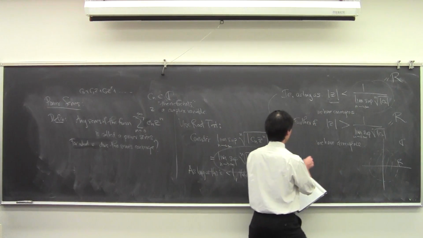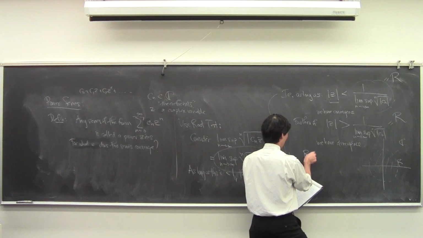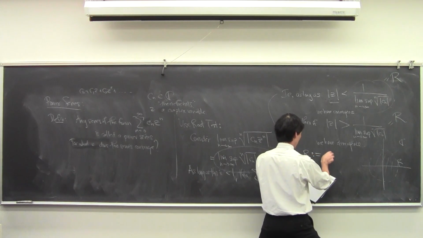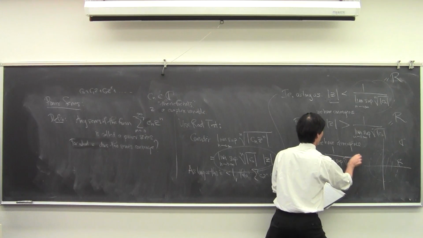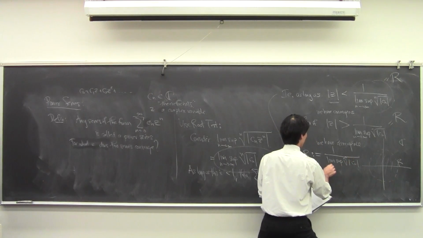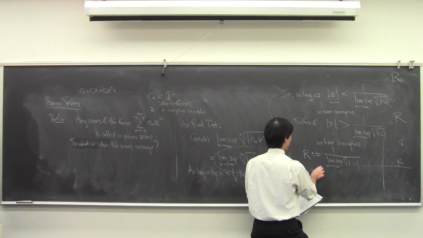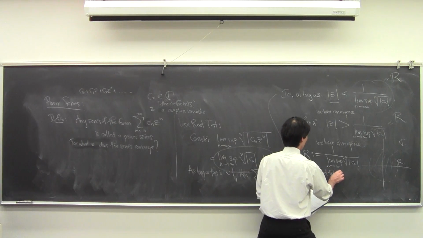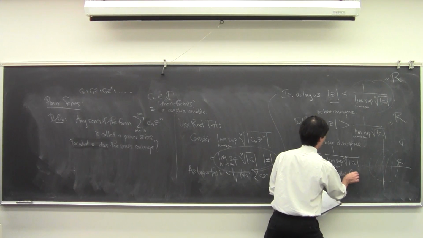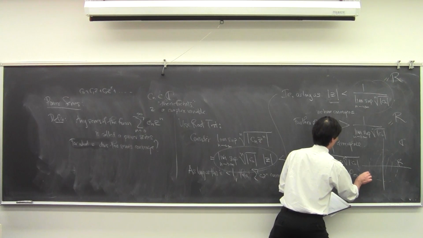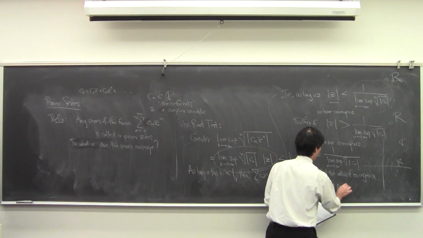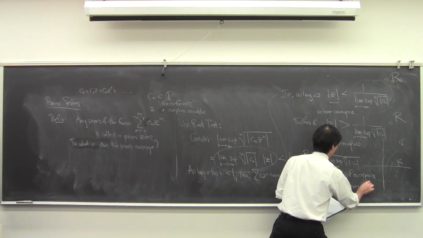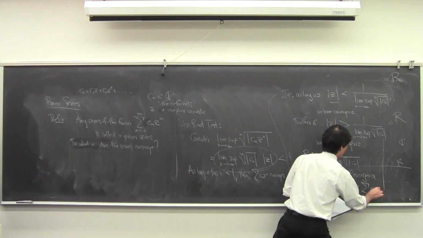So this R, defined to be 1 over the lim sup of the nth root of the moduli of the nth coefficient, is called the radius of convergence of the power series Cn z^n.